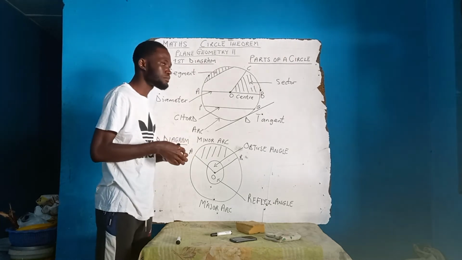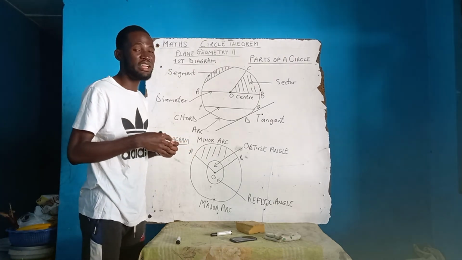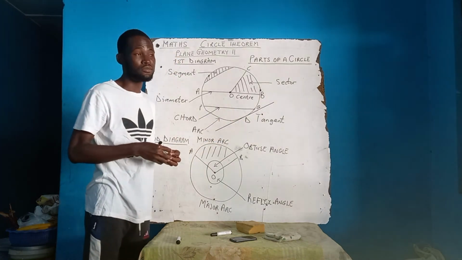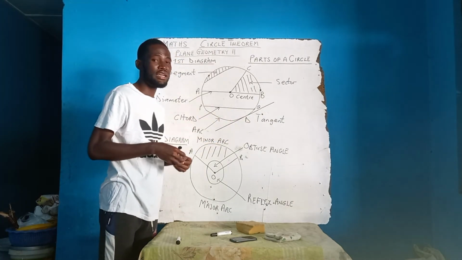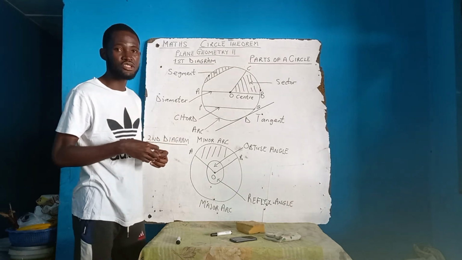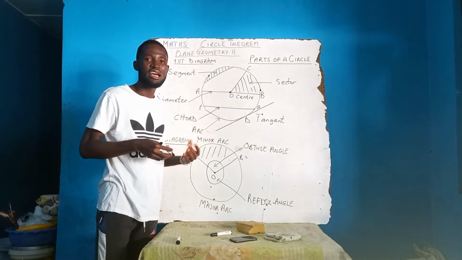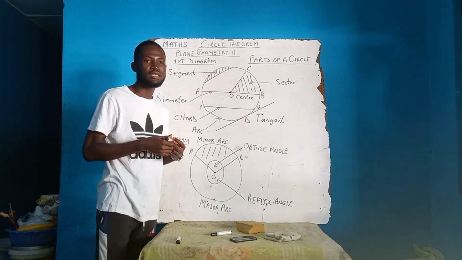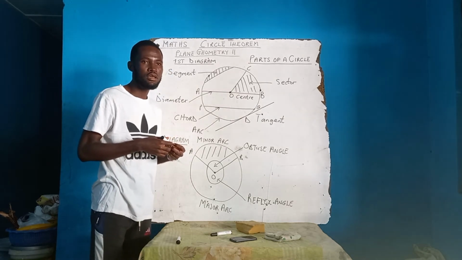And mostly, the most recurring aspect is the tangent of a circle. We'll address all these theorems one after the other, and we'll take illustrative examples as well in order to get ourselves abreast with this topic.